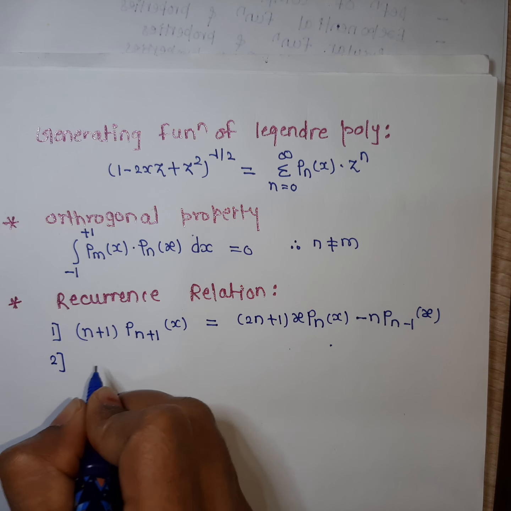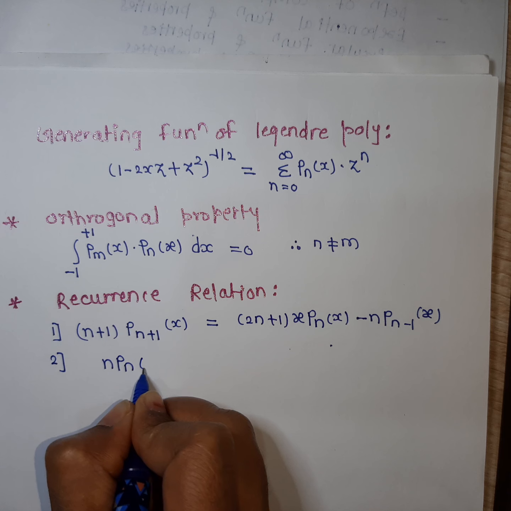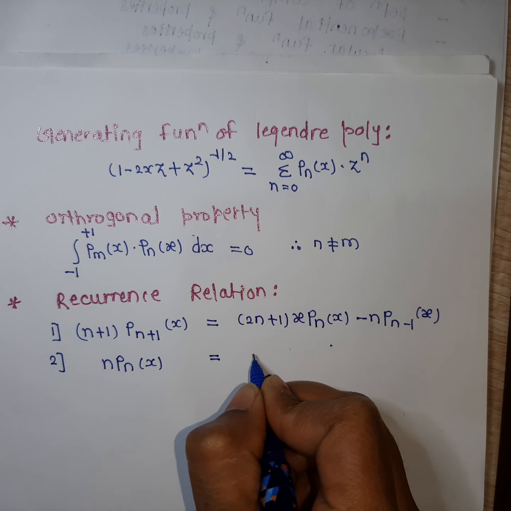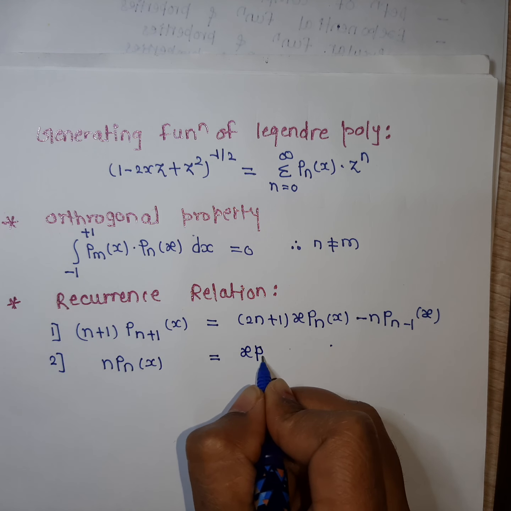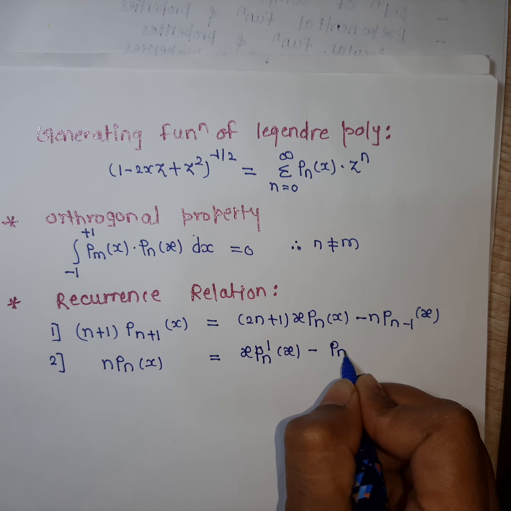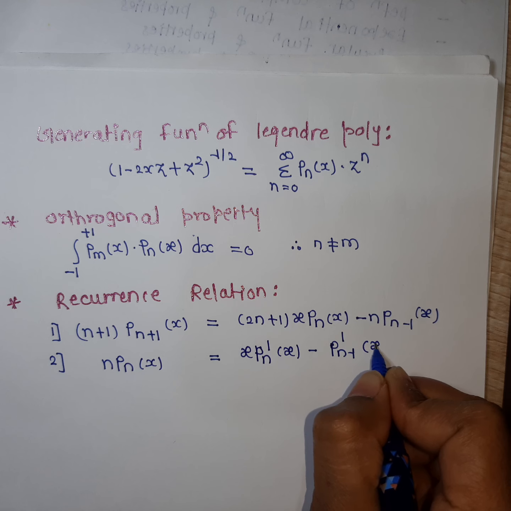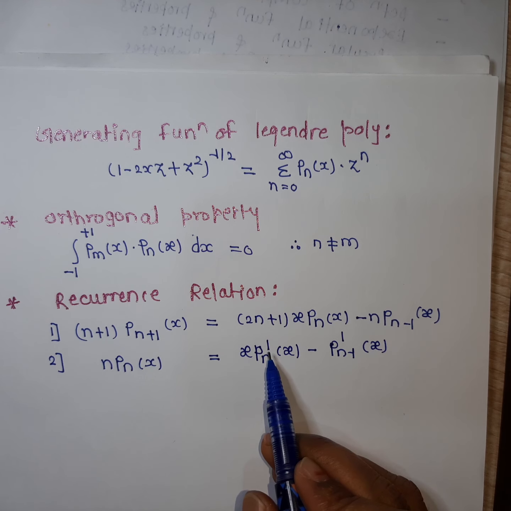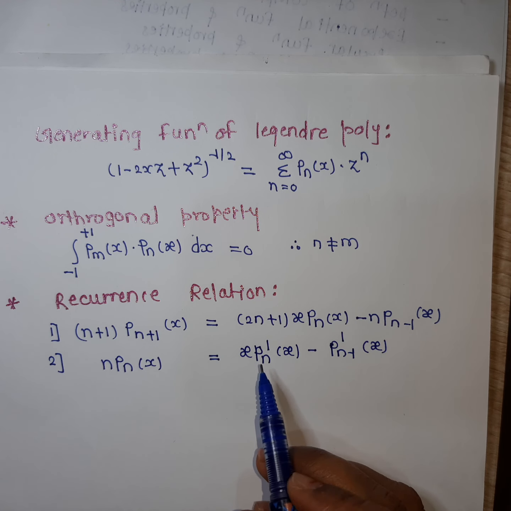Second one, n Pn of x is equal to x Pn prime of x minus Pn minus 1 prime of x, where this prime is nothing but the derivative of the Legendre polynomial.